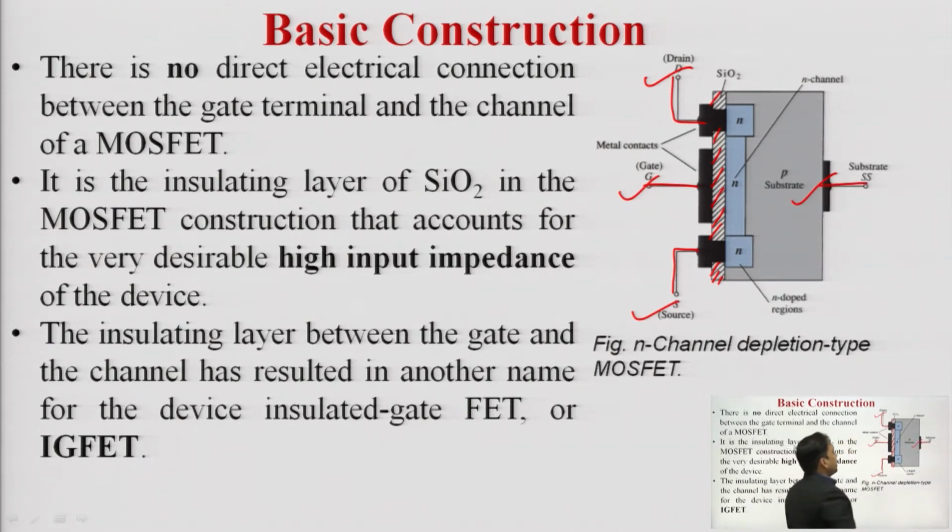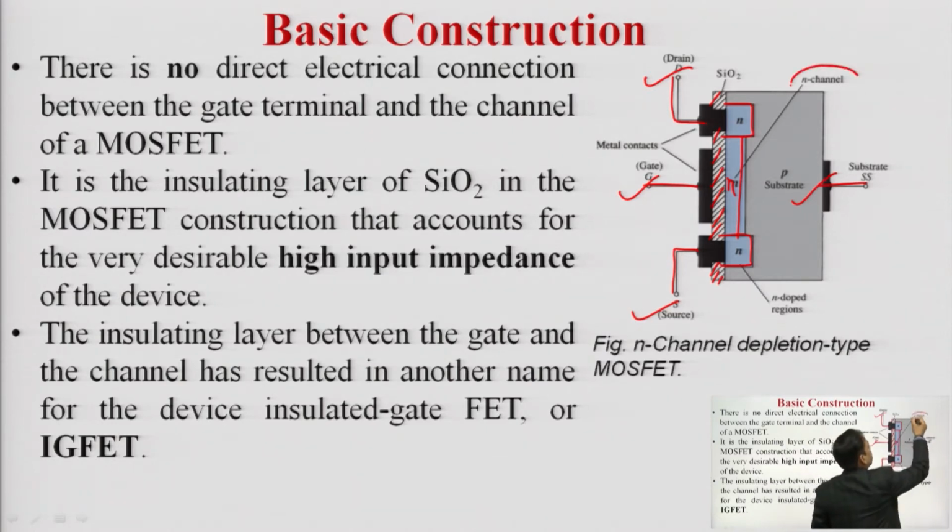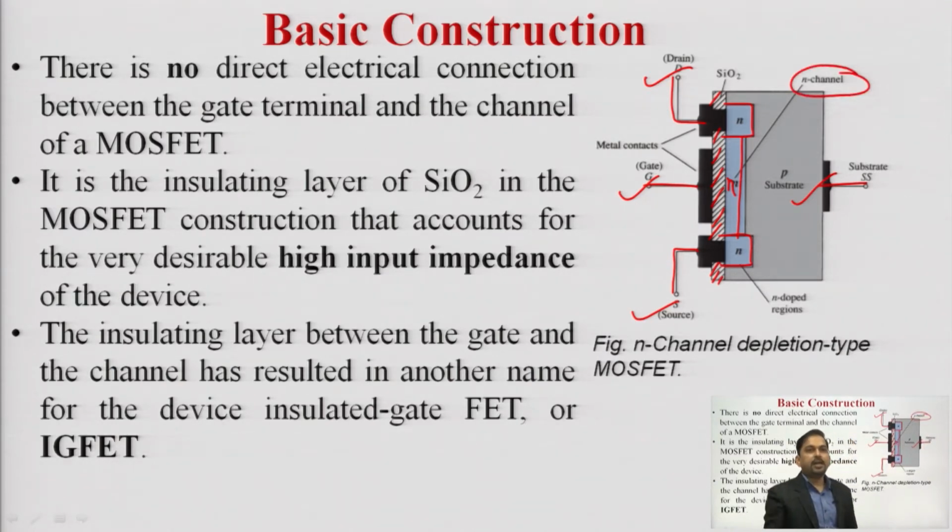And we can see from this that we have wells of N type, and in between these we have a region which is of N type. So, this region is basically referred to as the channel of N type.